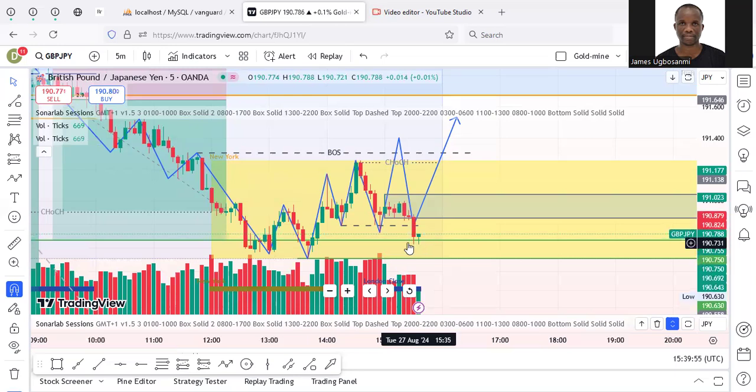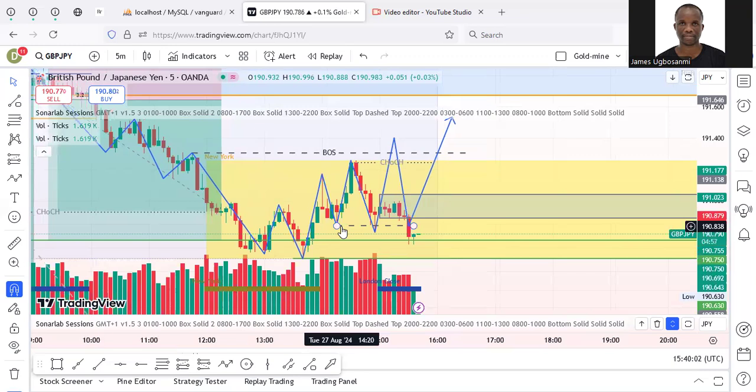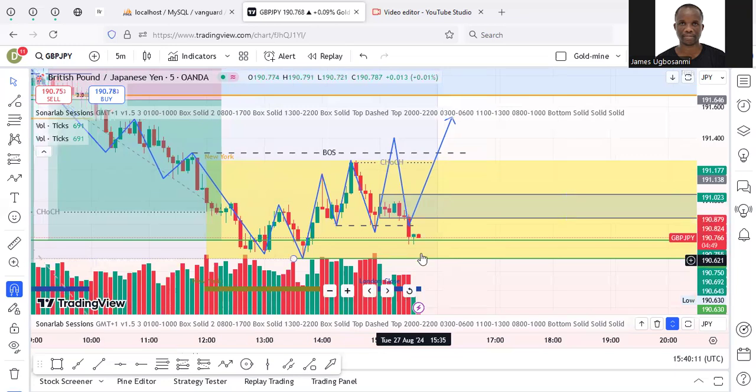Okay. Now, I said if the market should break below the lower high that was formed in an uptrend, the immediate lower high, it's an indication of a sell, right? Yeah.